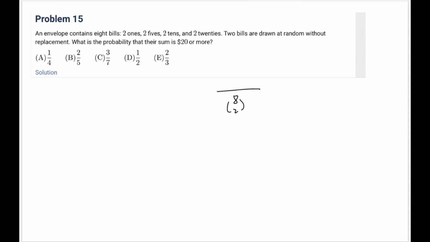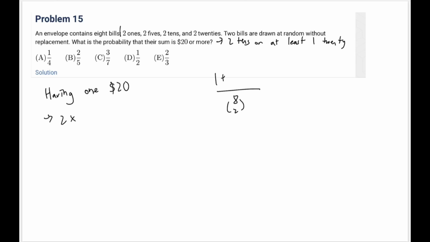And then the probability that the sum is $20 or more. So this can either be 2 10s or at least 1 20. Right, so if we have 2 10s, that's only one possibility. So we have one possibility plus having one $20 bill, this would equal 2 times, because we could choose either of the 20s.